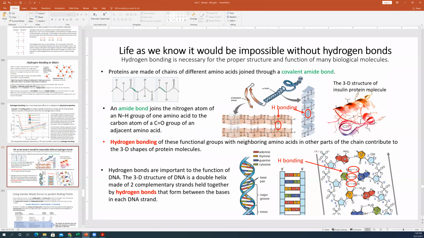But here you have, again, a hydrogen bound to a nitrogen, and it's able to form a hydrogen bond with the lone pair electrons of another oxygen, for example.